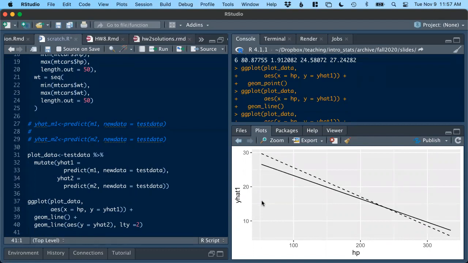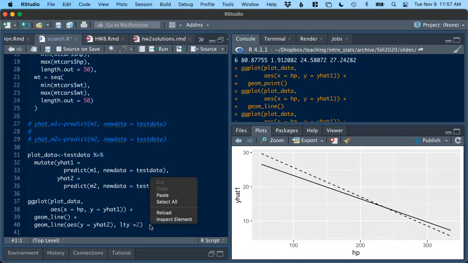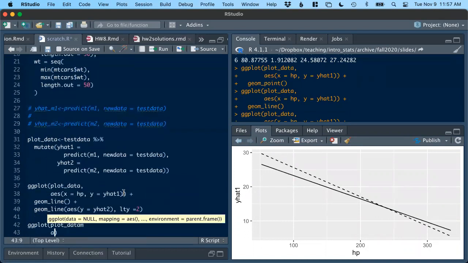Is weight displayed on here anywhere? Nope, it's not on here at all, right? So what if we want to visualize the relationship with weight? Let me see if this works.